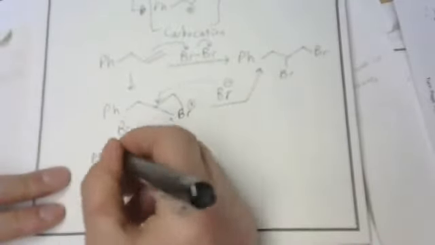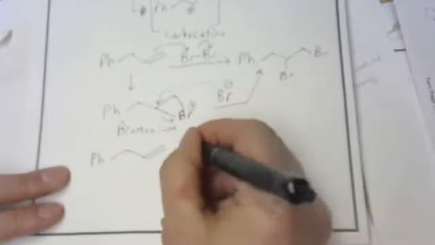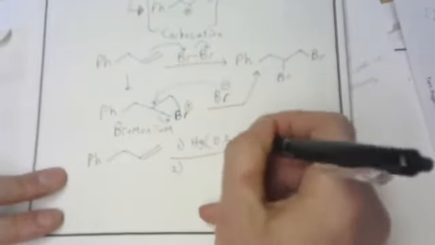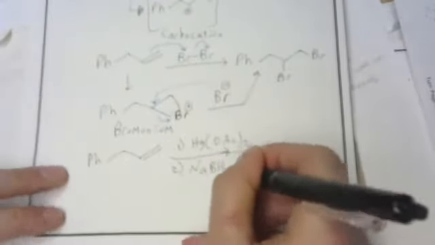Let's keep going. Our quickie review of chapter 12 stuff. What do we get if we react an alkene with mercury acetate, then NaBH4?